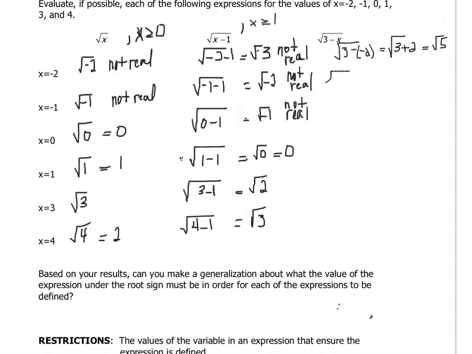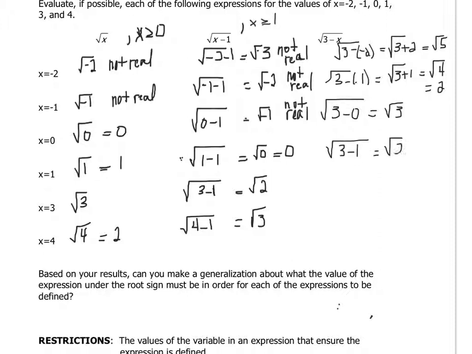If we plug in -1, we get 3 minus -1, which is the square root of 3 plus 1, which is the square root of 4, which is again defined, and that can be simplified to 2. If we plug in 0, we get 3 minus 0, which is the square root of 3, which is also a defined value. And if we plug in 1, we get 3 minus 1, which is the square root of 2, which is also a defined value.